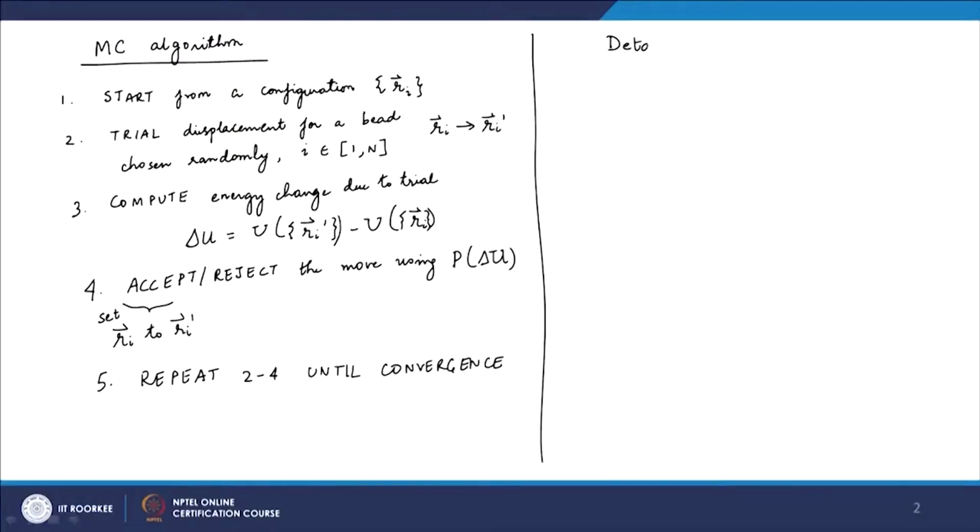Okay. So, the first thing here is to determine what the condition of acceptance or rejection should be, and that is where we will use a condition that is known as detailed balance, that is very essential to the Monte Carlo simulation. The detailed balance essentially requires that when the system is at equilibrium, the number of forward transitions should be equal to the number of backward transitions. Of course, when we start with a random configuration, we do not hope that we are at equilibrium, but if I keep on running it, we do hope the system will reach equilibrium.